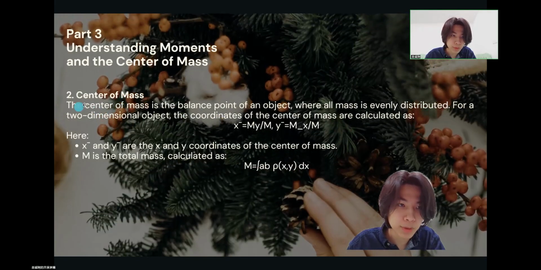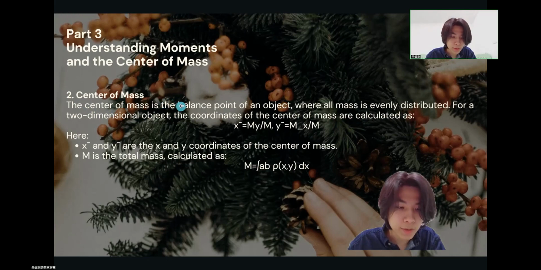And then we will talk about the center of mass. The center of mass is the balance point of an object. Its coordinates are found using the moments.